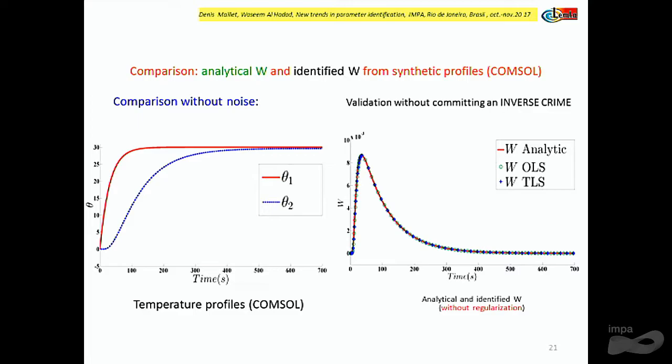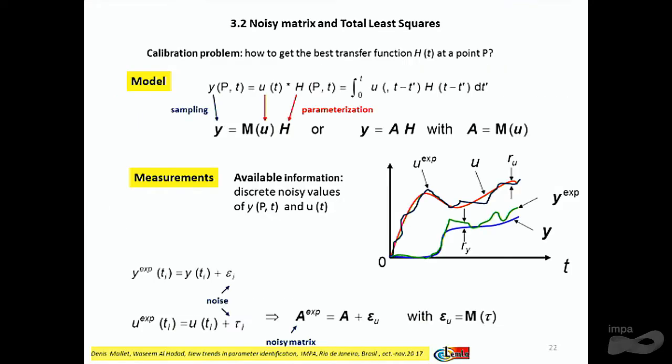And so we used the inversion of the Toeplitz matrix. And we got exactly, using either ordinary least squares or total least squares, I will talk a little later about it, without regularization, exactly the same transfer function.